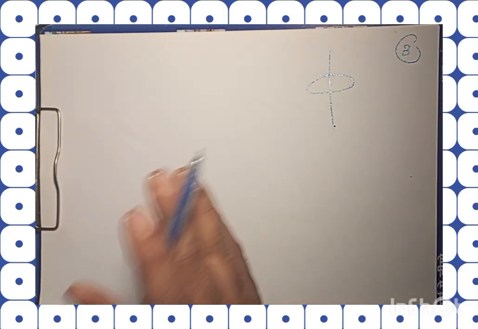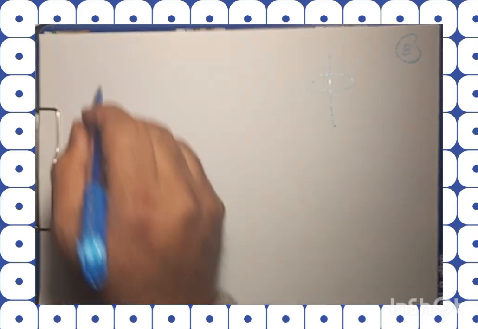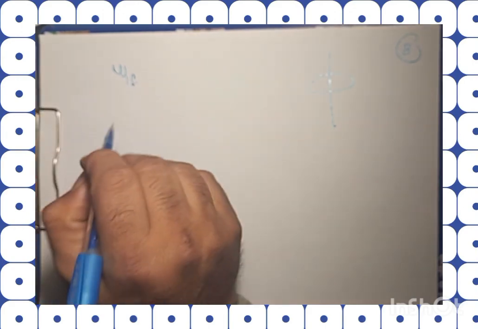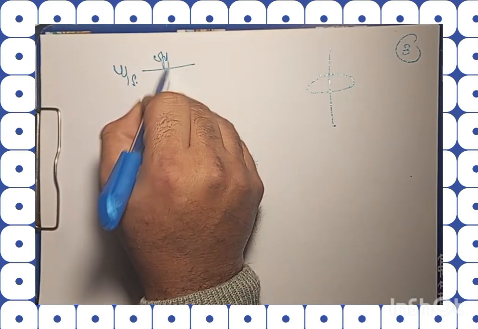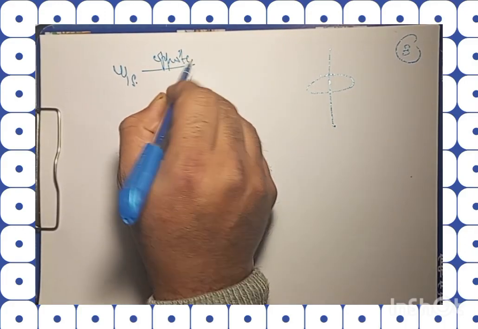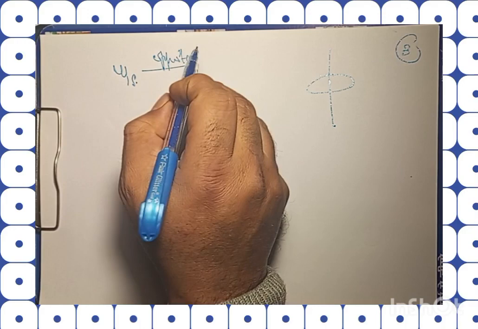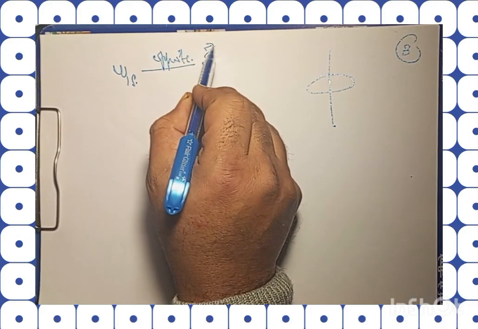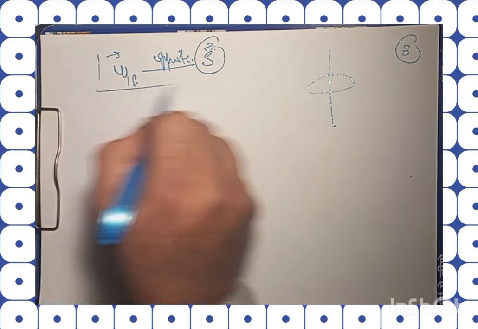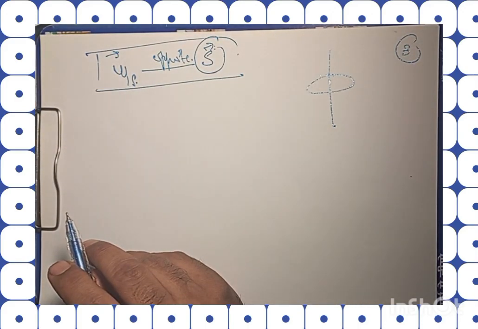Because the electron is negatively charged, it has a magnetic moment, mu s. And this magnetic moment is opposite to the direction of its angular momentum S, which is a vector. This magnetic moment is also a vector. So we understand these basic physical quantities.